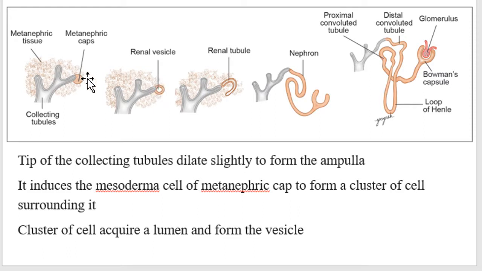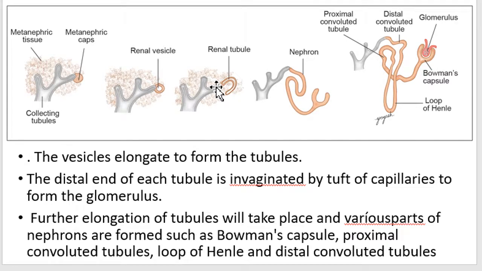So the mesodermal cells form a cluster around the collecting tubules, and these cells acquire a lumen. This lumen elongates and forms an S-shaped elongation.